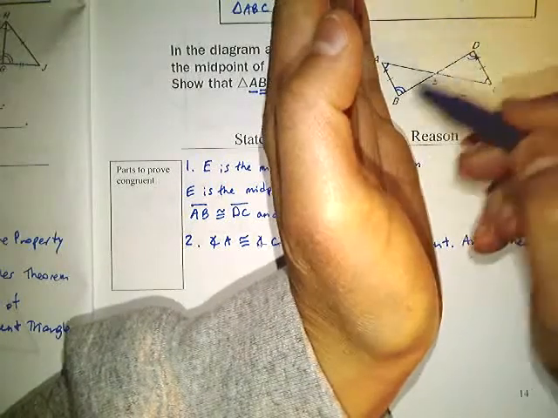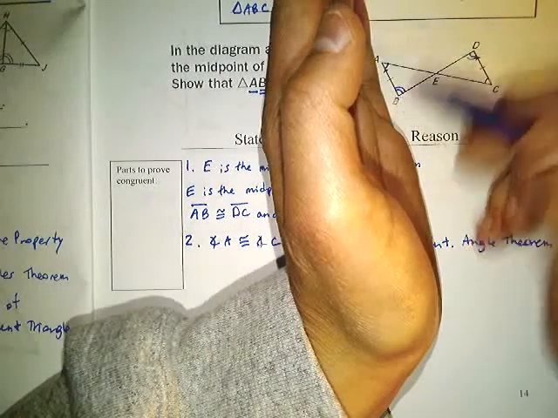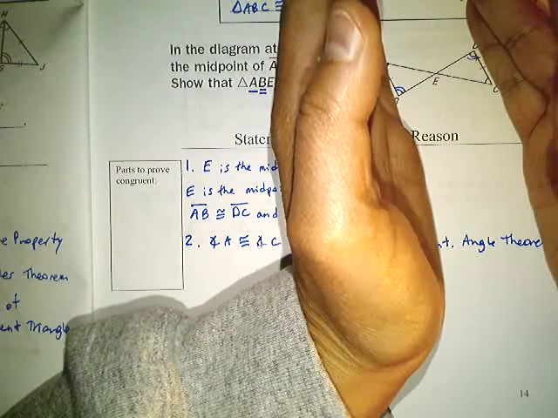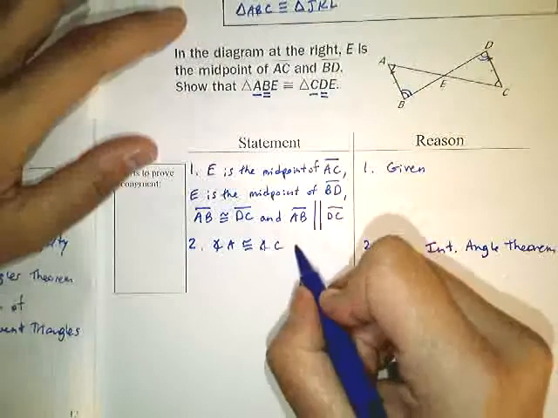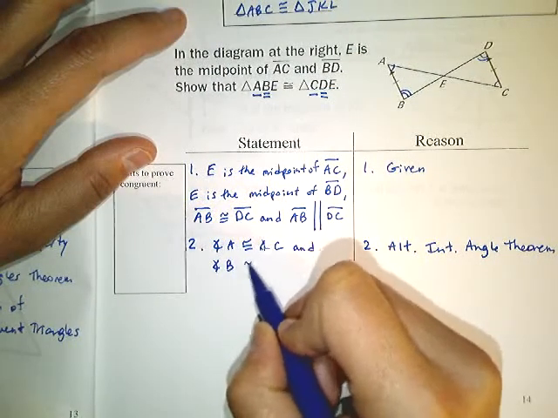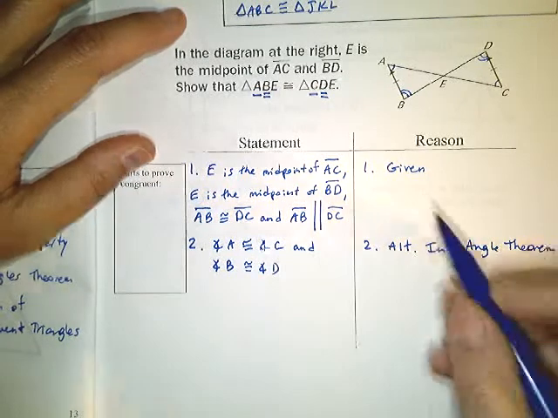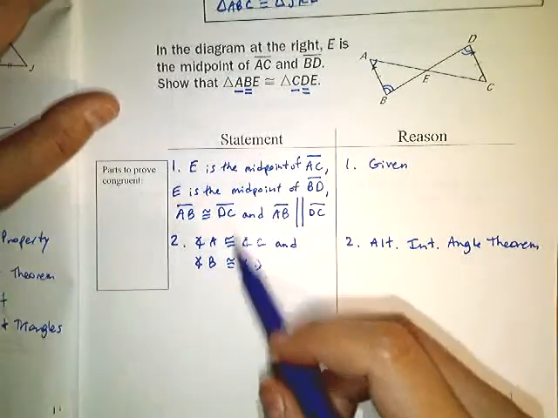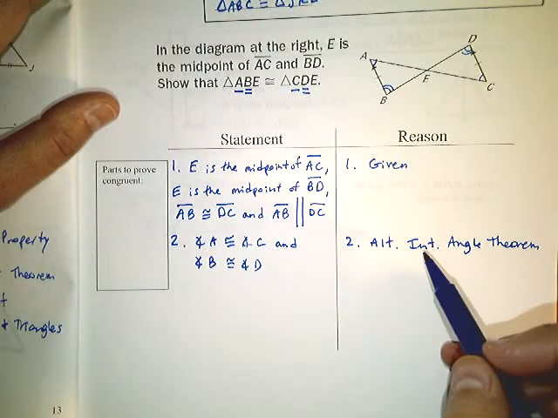Since these two lines are parallel, and there's a transversal line here running DB, then according to the same theorem, angle B and angle D would have to be congruent. So I don't have to list that twice. The reason for each of these statements is the same.